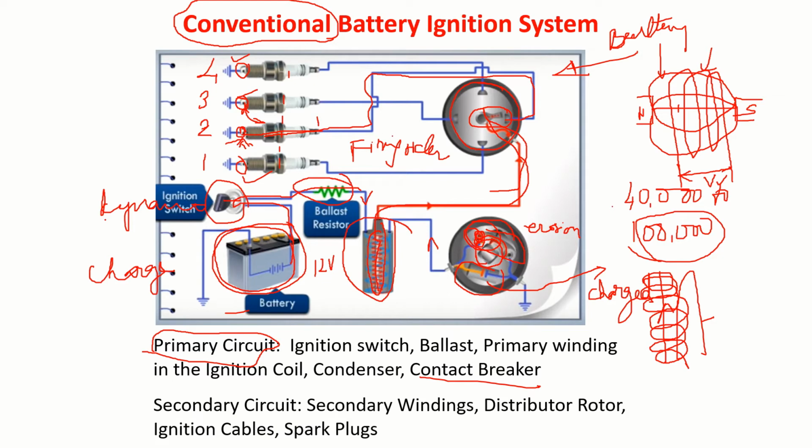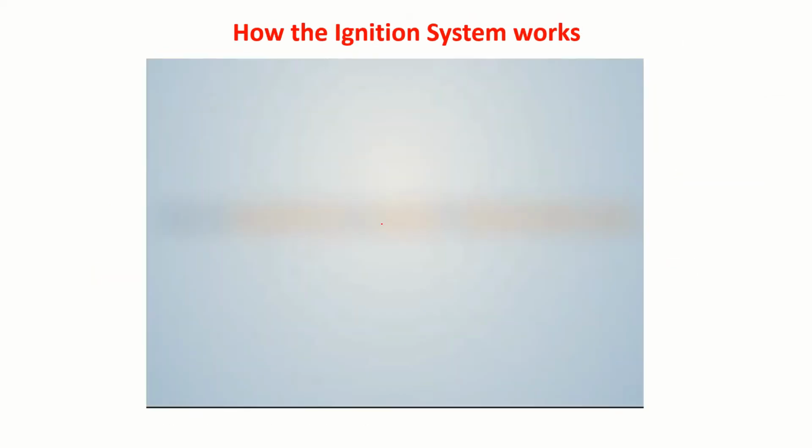This dynamo is coupled to the engine through a belt or whatever it is. That will produce the DC voltage, and that we connect to the battery. So the battery continuously gets charged, and it will be sending the charge voltage here, just like that.